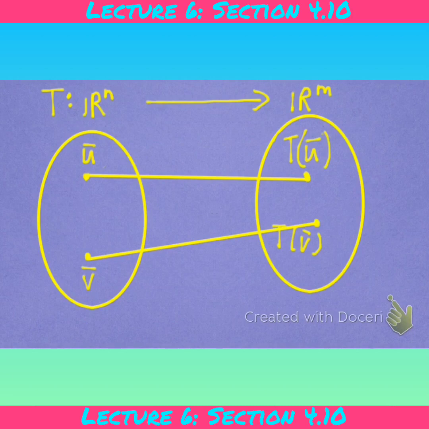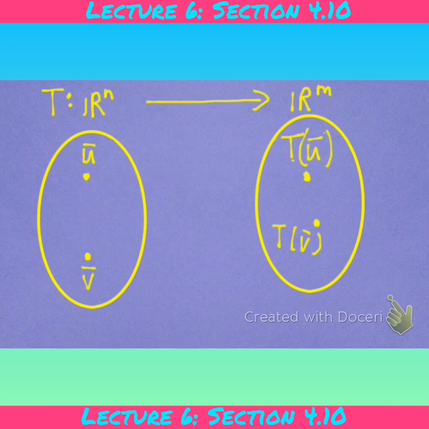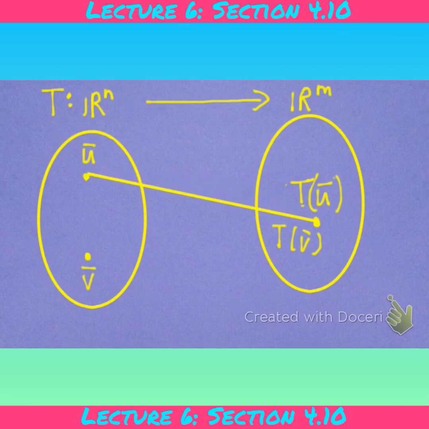So if we are asked to show that a linear transformation is 1-to-1, we need to do the following. We take 2 points in the domain and we look at their images. We equate their images. We know that T maps U to that point and T maps V to that point.